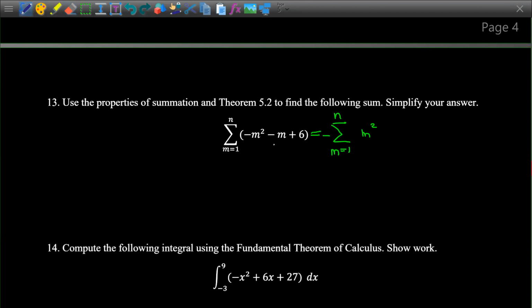So the next term is minus m originally, so we're going to have minus the sum of m with our index m going from 1 to n, and then plus the sum of 6.